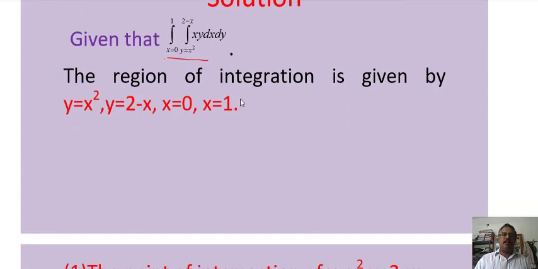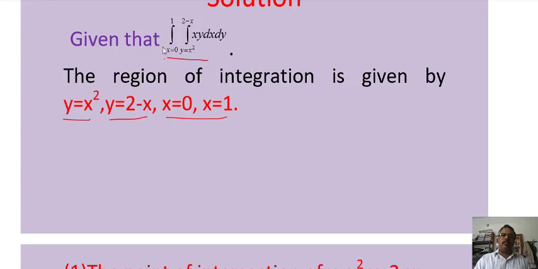If you observe this integral, the region of integration is given by y equals x square, the lower limit, and the upper limit y equals 2 minus x, which is a straight line, and x equals 0 to 1.